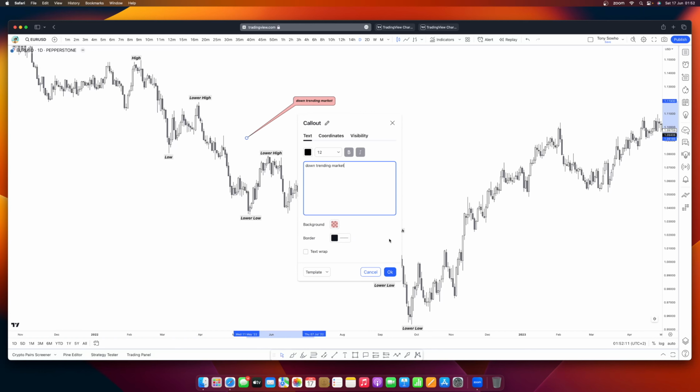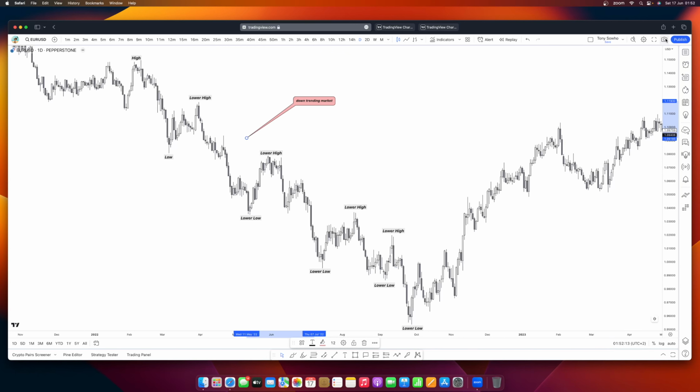So this is one, and you copy the link, and when it's ready, you send it to me, and this is your downtrending homework one. All right, so this is how I want you to do it. This is an example of a downtrending market on Euro USD.